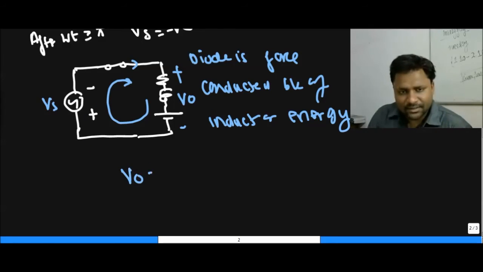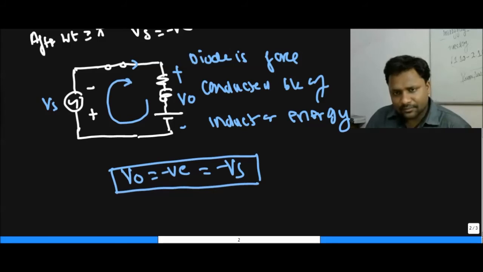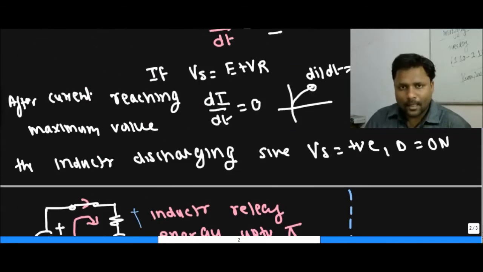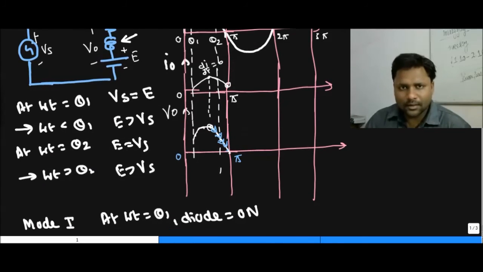So output voltage is negative, equal to minus Vs, up to angle beta. The inductor current is zero at this point. This point is called beta.